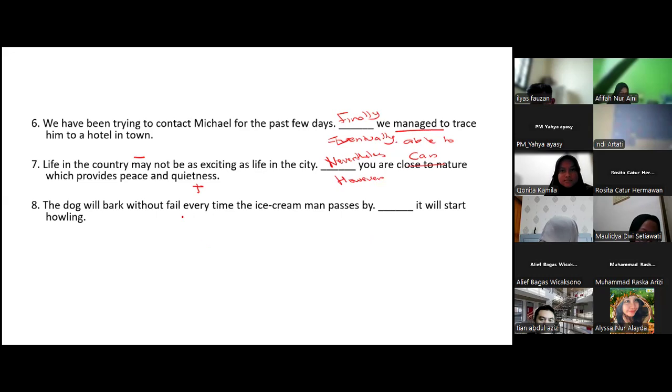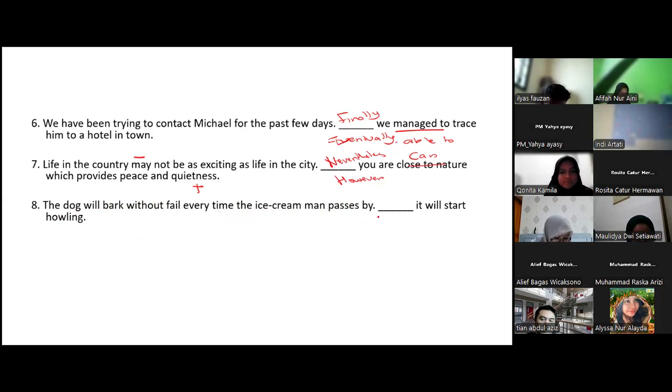Here, the first sentence: the dog will bark without fail every time the ice cream man passes by. Yeah, the dog will bark when the ice cream man passed by, and after that, it will start howling.